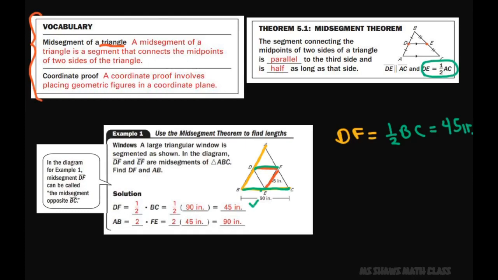All right, and AB, this line here, is 2 times FE, because these two lines are parallel here. So AB is 2 times FE, so 2 times 45 inches equals 90 inches.